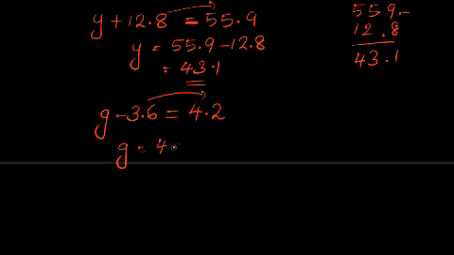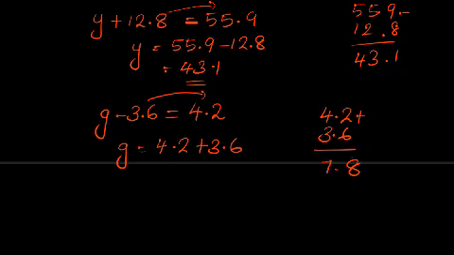So this becomes 4.2 plus 3.6. Subtraction operation on the left hand side becomes addition operation on the right hand side. So 4.2 plus 3.6: 2 plus 6, 8; 4 plus 3, 7. So the answer is 7.8.